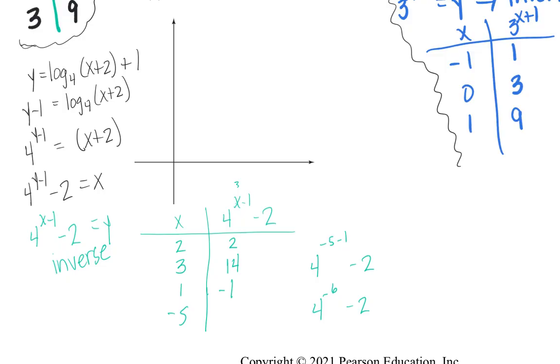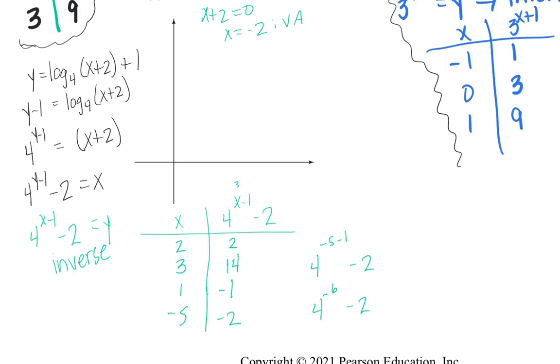So 4 raised to the negative 6 minus 2 gets me very, very close to negative 2, which if I take my x plus 2 and set it equal to 0, this is my vertical asymptote.